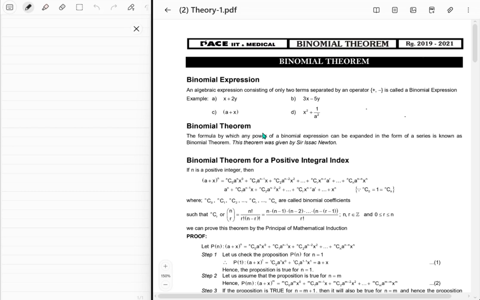Because somebody asked me to basically explain the theory of the binomial theorem and how we can solve the series that contain binomial coefficients and stuff, right? So that's why I think it's better to just start from the basics.